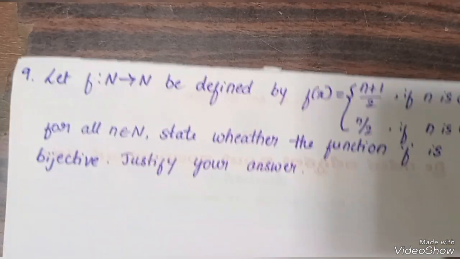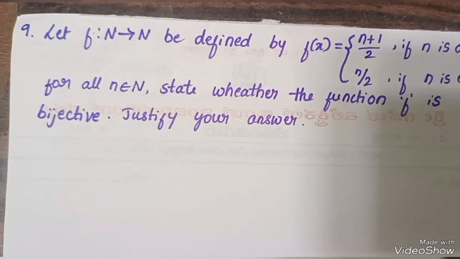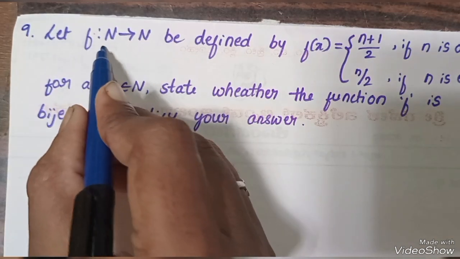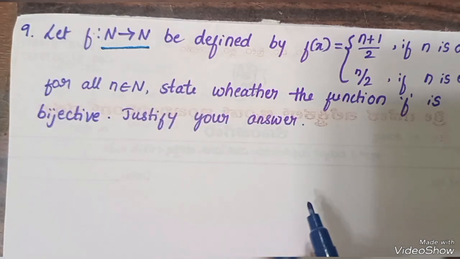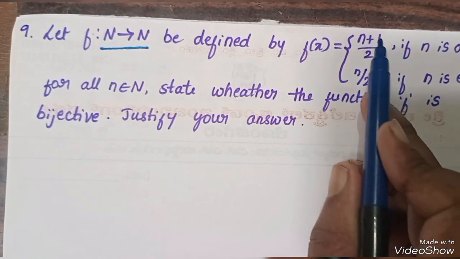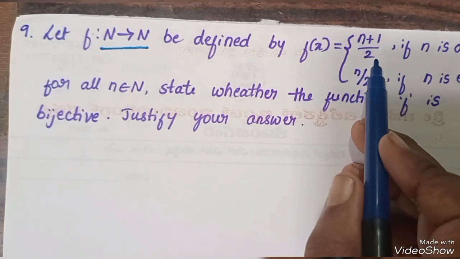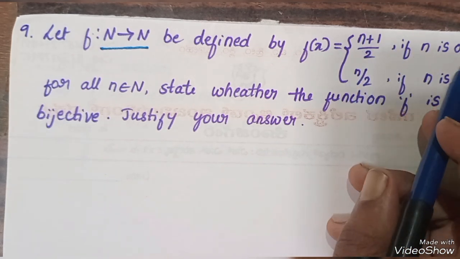Now the next question, number 9. Let f be a function from natural numbers to natural numbers. Here the domain and codomain are both natural numbers, defined by f(x) = (n + 1)/2 if n is odd.